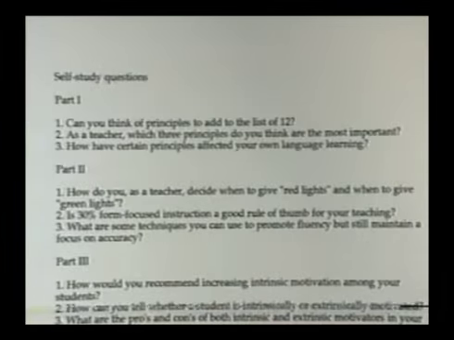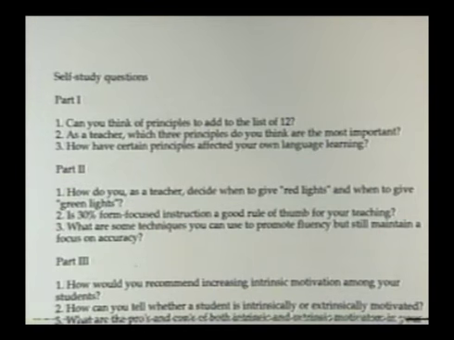And so for part one, I've got 3 questions here for your contemplation on your own. Number 1, can you think of principles to add to the list of 12? And believe me, I've already put autonomy on that previous slide. That's not listed here, and I think that's a good principle.